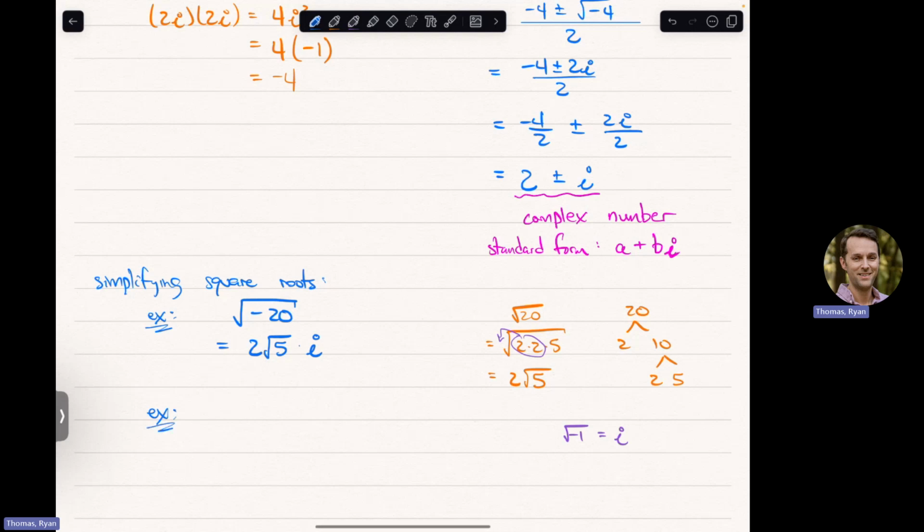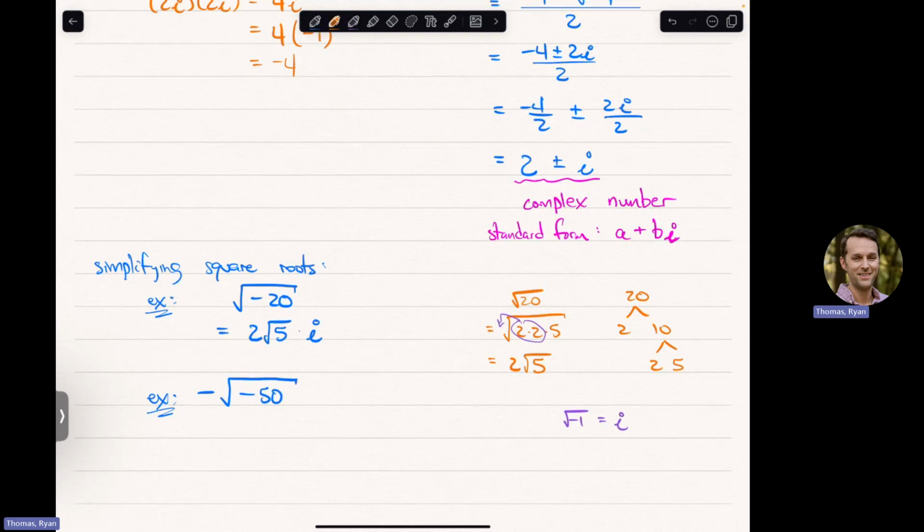Another one real quick. Let's throw a negative outside there. -50 maybe. This comes out as i. Okay, so an i from that negative under the radical, and then the square root of 50.